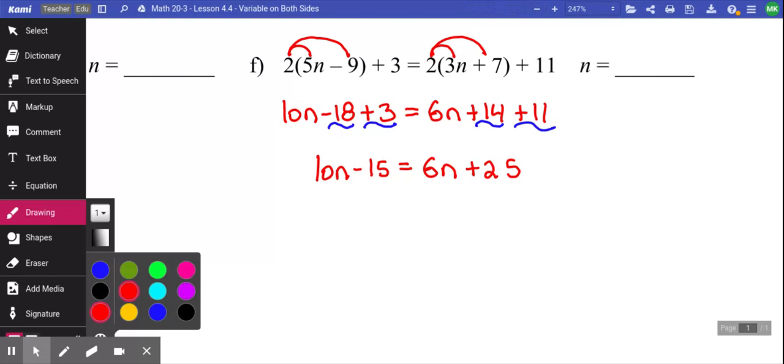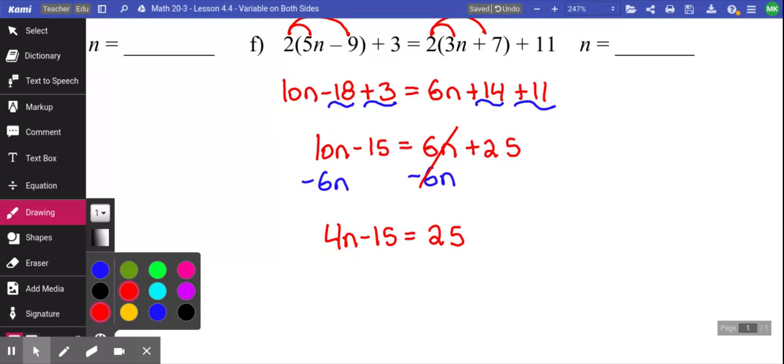For me, I'm now going to move that 6n from the right to the left by subtracting 6n to the other side. That gives me 4n's minus 15 equals 25. I'm going to add 15 because that's what you move first, right?